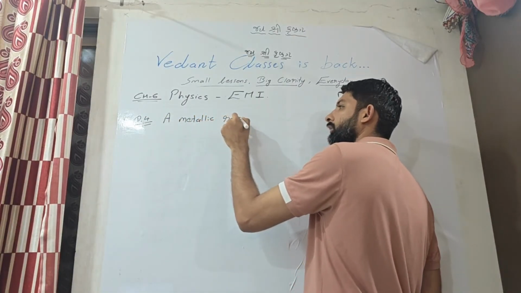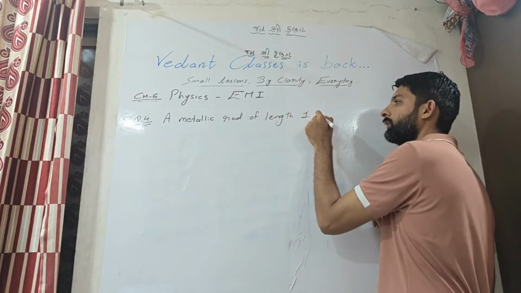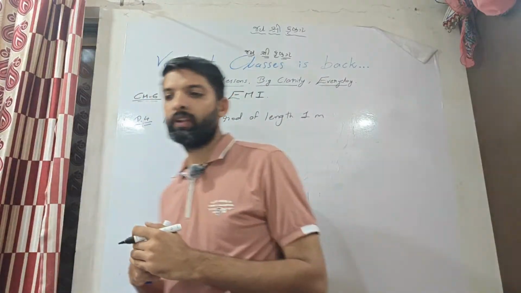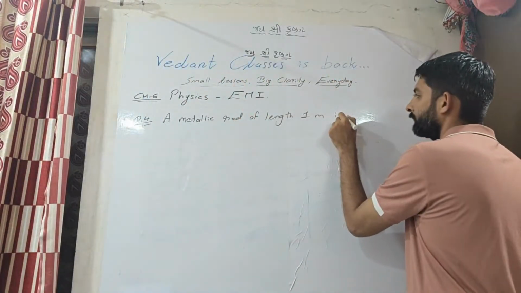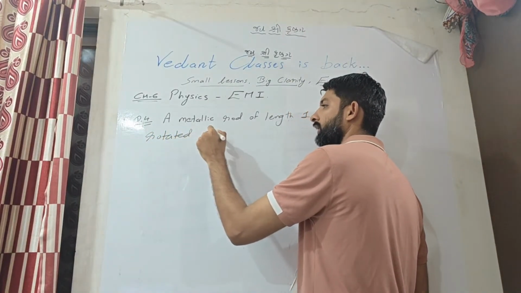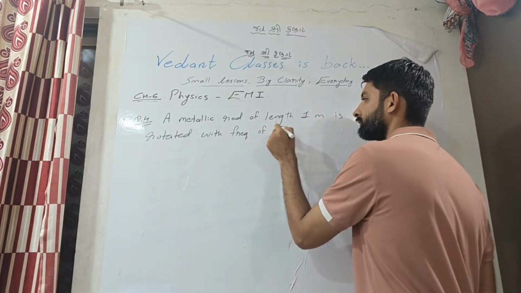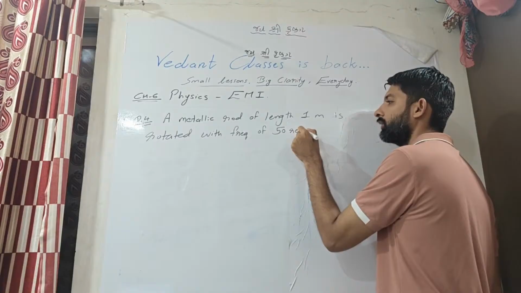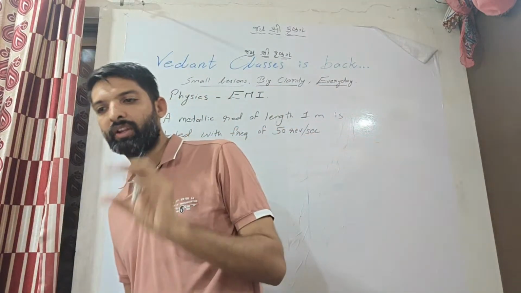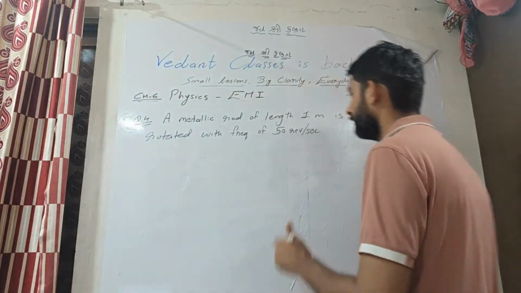A metallic rod of length 1 meter is rotated with a frequency of 50 revolution per second about an axis passing through one end and perpendicular to the rod.